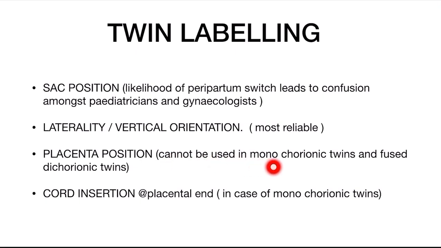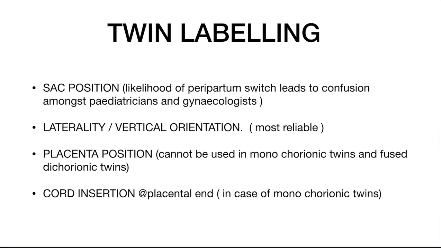However, it cannot be used in monochorionic twins and fused dichorionic twins because both of these twins will have a single placenta, so there is not any demarcation. And the last method is as per the cord insertion at the placental end. This method is quite famous for detection of monochorionic twins. You can label monochorionic twins by this method.